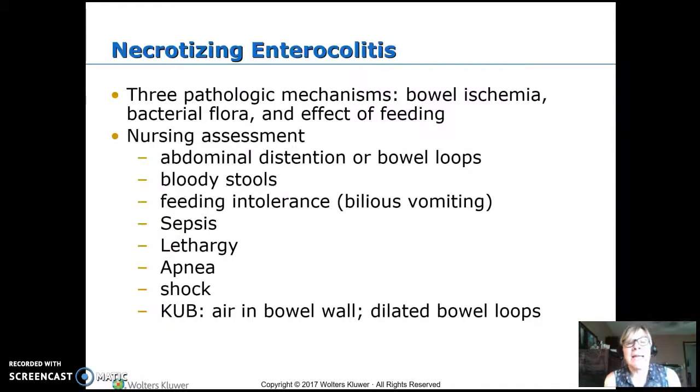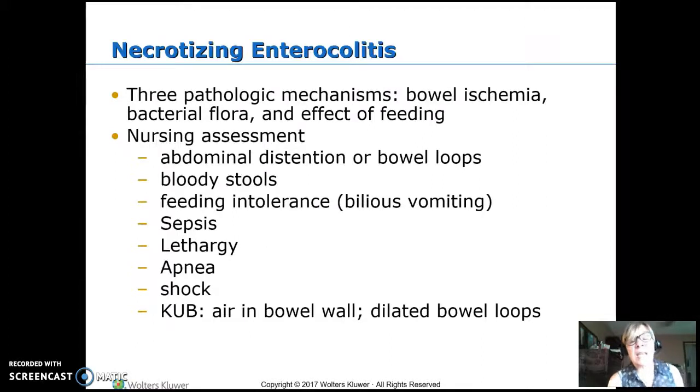Necrotizing enterocolitis, NEC. Again, this is a complication of prematurity, almost always. I guess some neonates can get it, but it's almost always going to be a preterm baby. So three things happen. You get ischemia of the bowel, so lack of oxygen. You get some bacteria inside there, and then that infection takes off, and so it affects feeding.